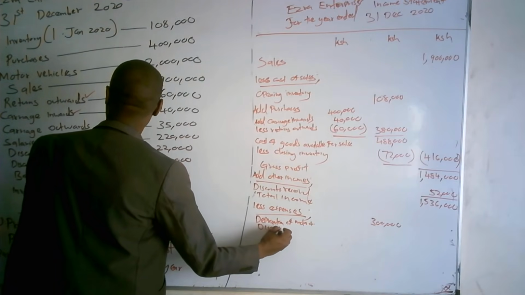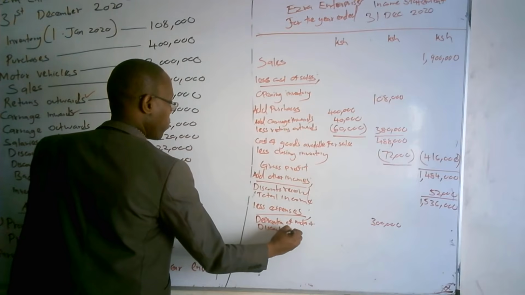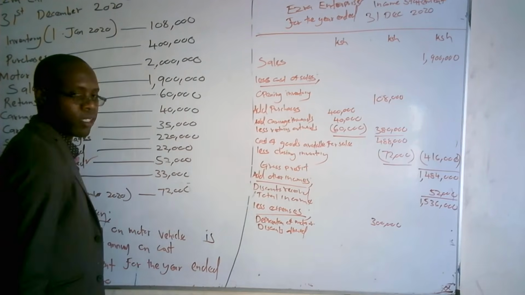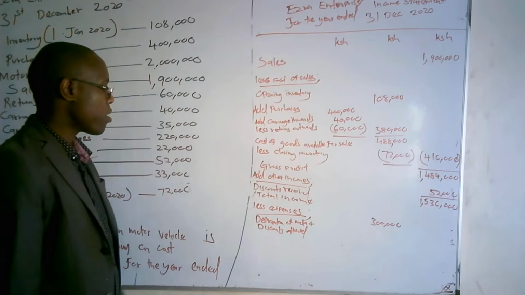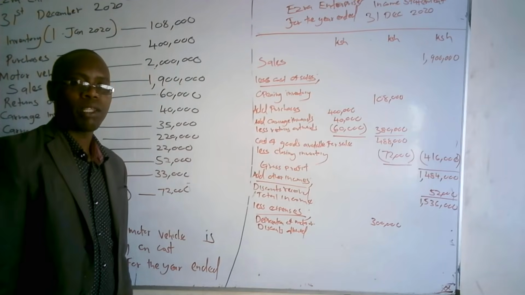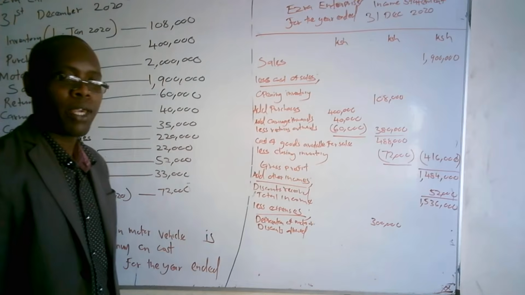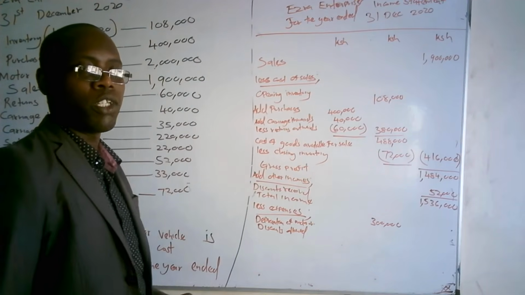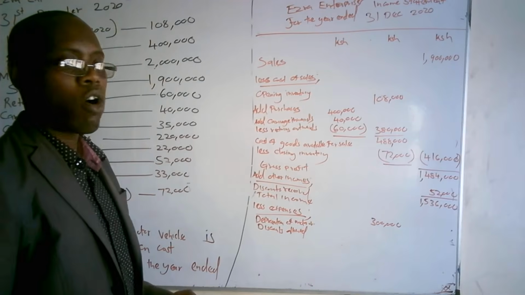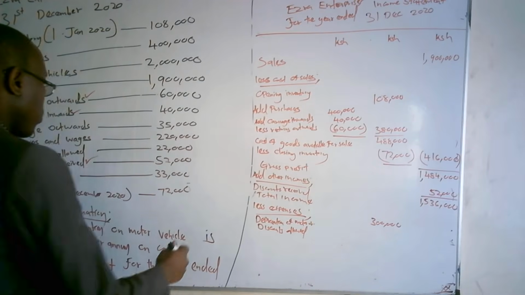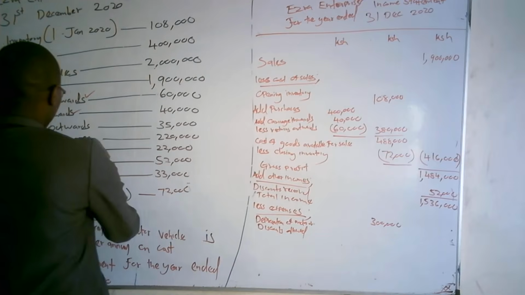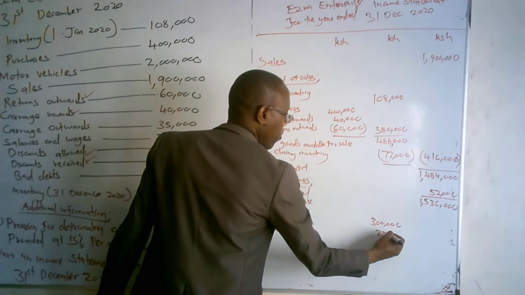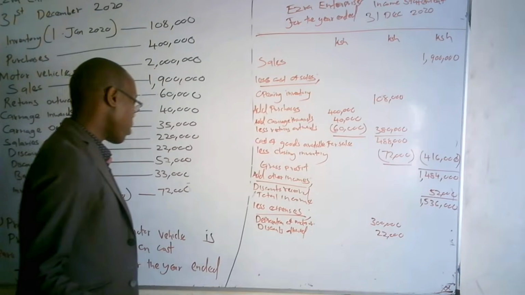Discounts allowed is part of an expense. Received is an income, but the discount allowed is an expense. That's why discount allowed, being an expense, usually appears on the debit side of the trial balance, but the discount received is always on the credit side of the trial balance. So discount allowed that we have here is 22,000. So we are going to have that discount allowed of 22,000 there.